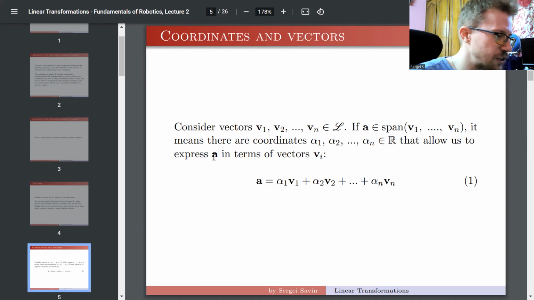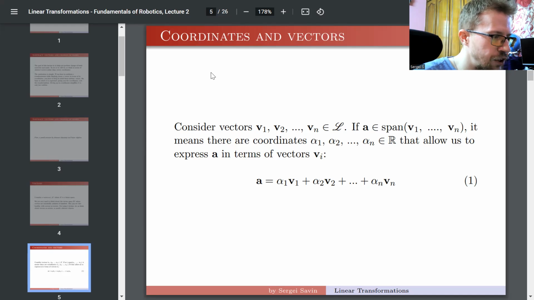Those scalars allow us to express A in terms of vectors vi. So we have A equals alpha 1 v1 plus alpha 2 v2 plus etc., plus alpha n vn. So A is a linear combination of those vectors. Does it make sense?